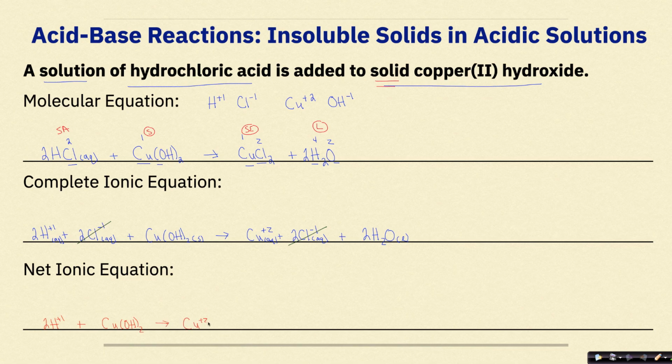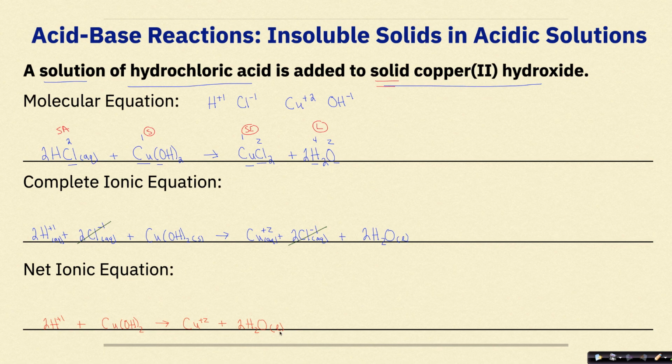Cu plus 2 plus 2H2O liquid. Fantastic. And that is our net ionic equation for a reaction between hydrochloric acid reacting with solid copper 2 hydroxide.